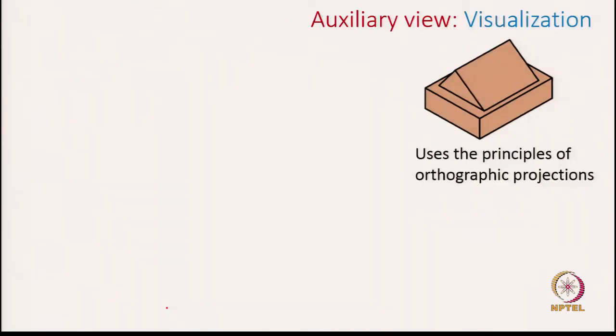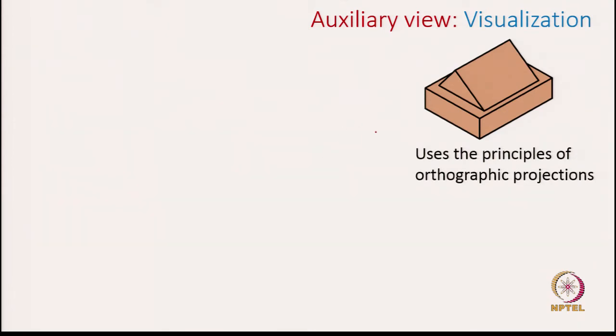So, next I want to show you, using visualization, how to develop these auxiliary views. The step by step procedure will come later, but this will help you to get a mental picture of how we are capturing the auxiliary view. Okay.